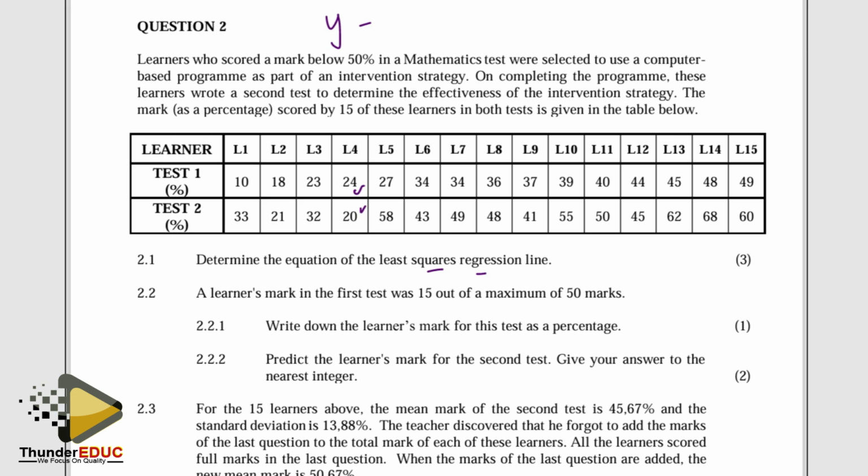So remember that the equation is given as A plus bx, or some people write it as bx plus A. It's okay, it's the same thing. So you need to enter these numbers into your calculator. How does it work?